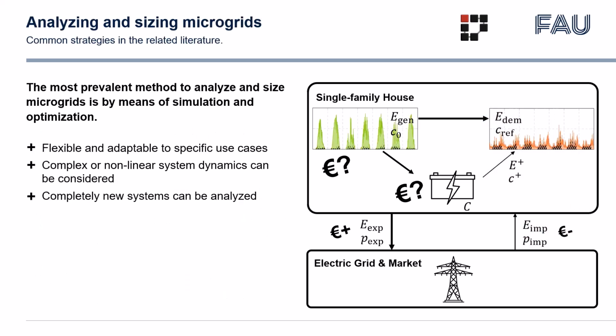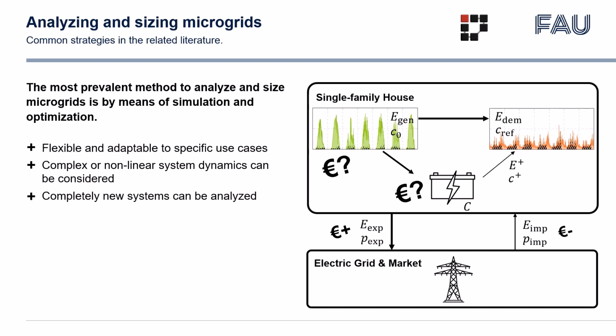The most prevalent method found in the literature up to date to analyze and size microgrids is by means of simulation and optimization. It's not really surprising, because it's flexible and adaptable to a specific use case.